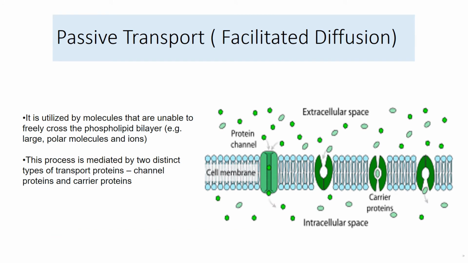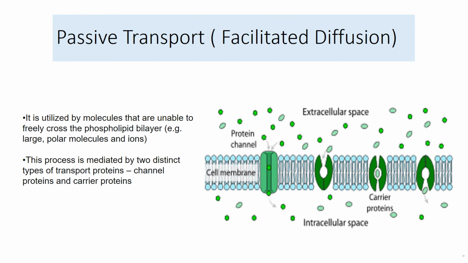Let's move towards the second type of passive transport, which is facilitated diffusion. The diffusion of molecules across the cell membrane by means of carrier proteins present within the membrane is called facilitated diffusion. Because there is no need of cellular energy for the movement of molecules, the transport proteins allow particular molecules like glucose to diffuse.